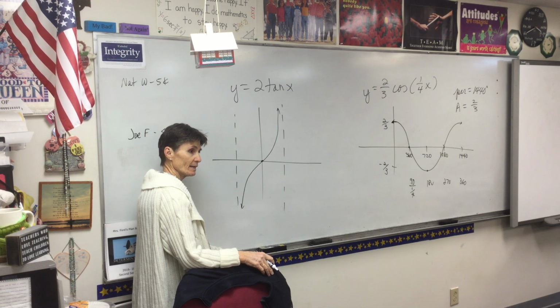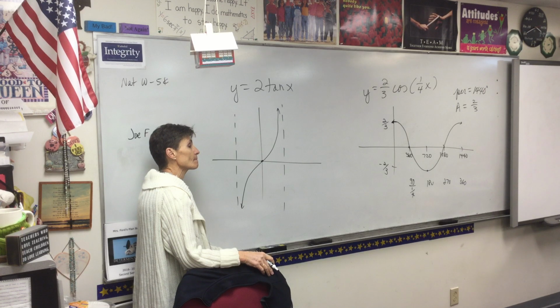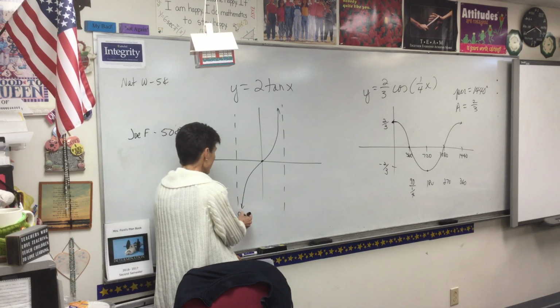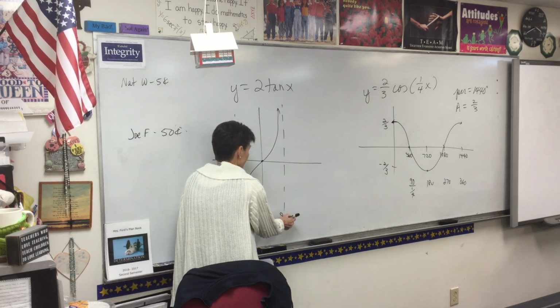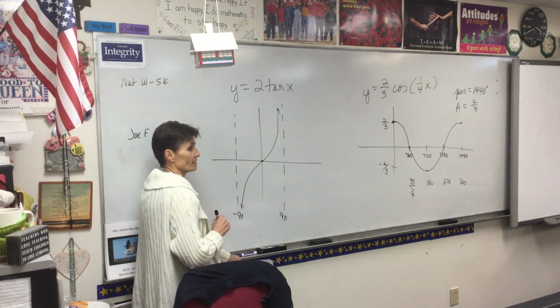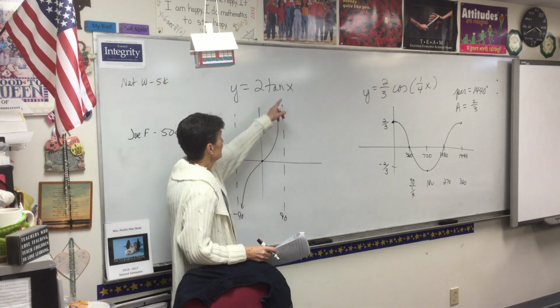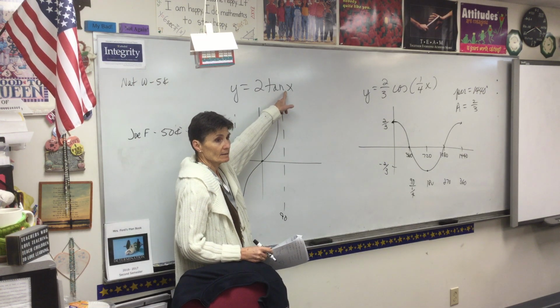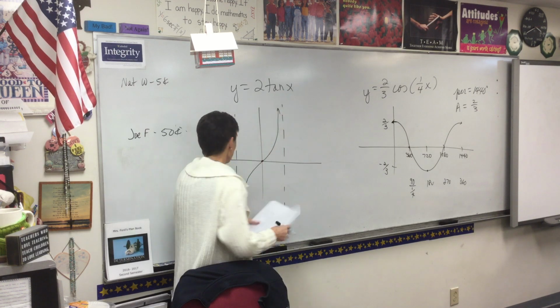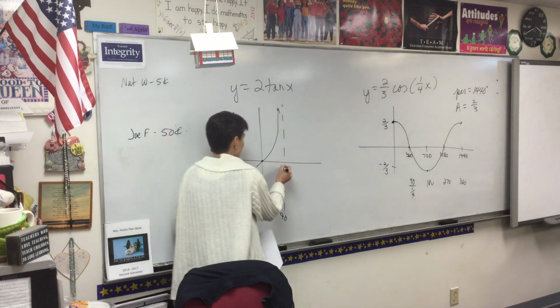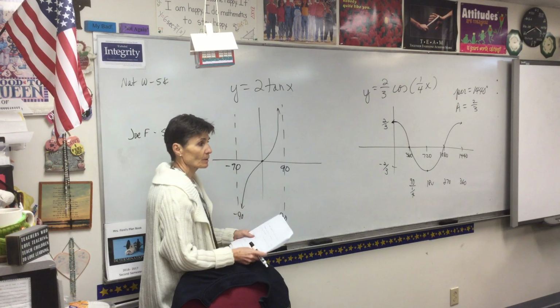So far, so good, Magnus? Now, these are supposed to be negative 90 and 90. That's what they're supposed to be. Oh, wait a minute. It's 45. Wait a minute, wait a minute. Nothing's changed. So they're at negative 90 and 90.